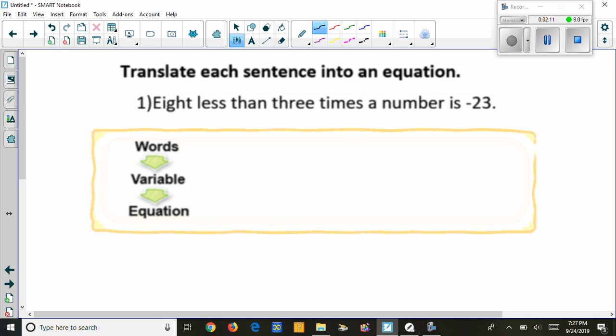In my classes, we use a method called cubes, where first we go through, after we've read it one time, we circle all the important numbers.